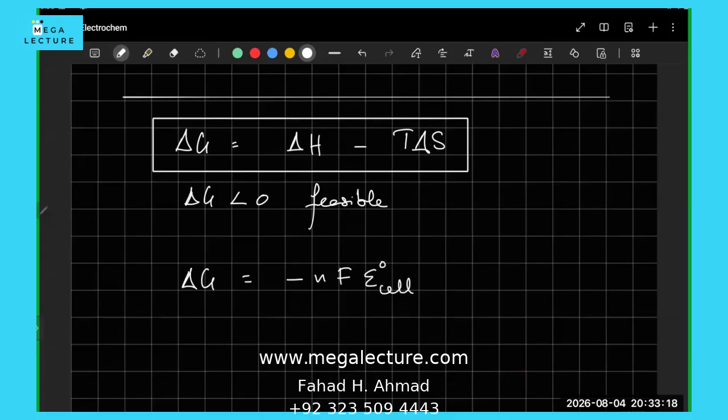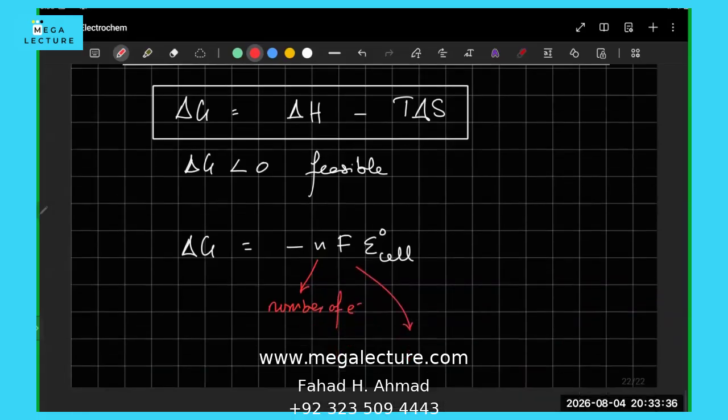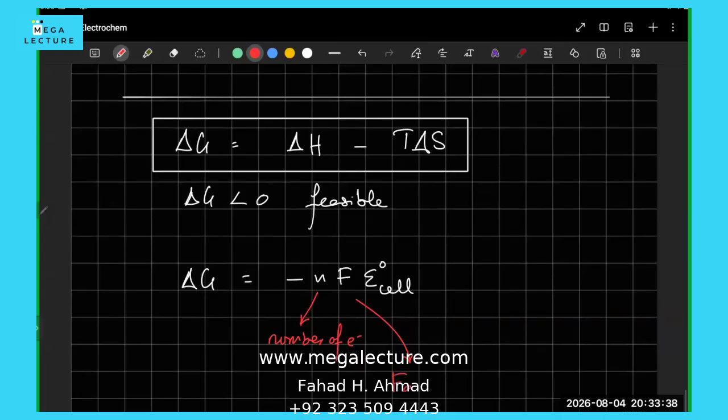E naught cell is literally the E naught value. n is the number of electrons that are involved in the reaction. F is obviously the Faraday constant. And E cell is E cell, right?